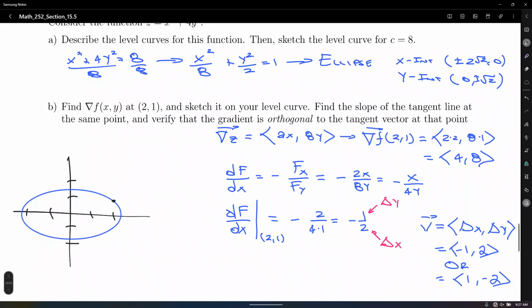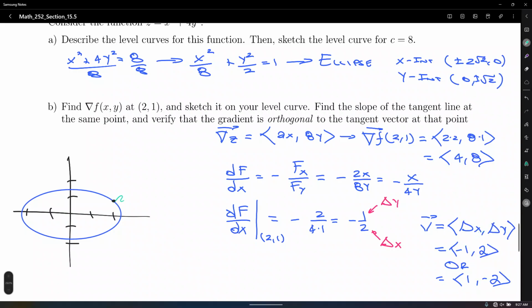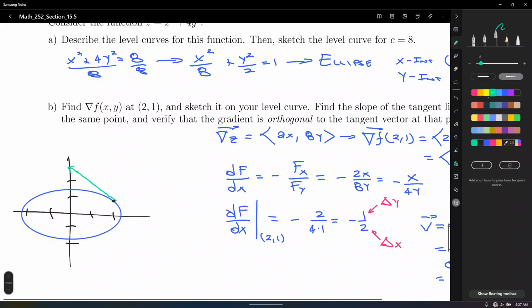From there, I'm going to plot, number 1, the vector with components (-1, 2). Did you see how this vector is tangent? And also the other vector, (1, -2). I'm going to use a different color for this. Like this.